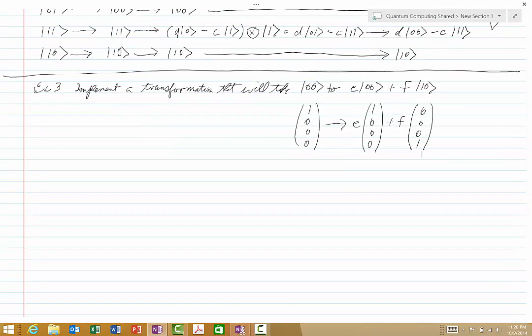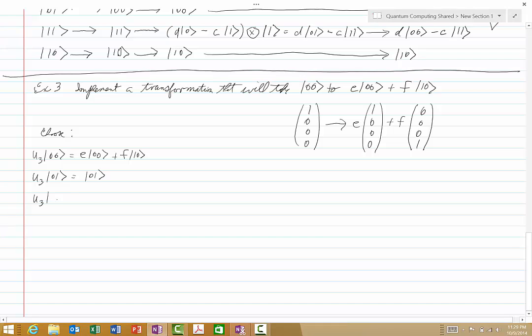So let's choose this way. We'll say U3 of 00 is equal to E00 plus F10. U3 of 01 is equal to 01.